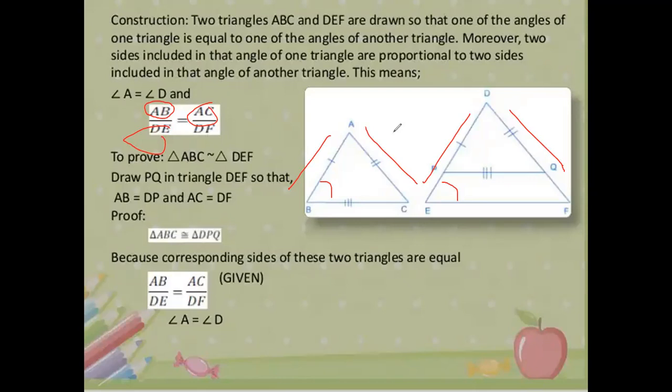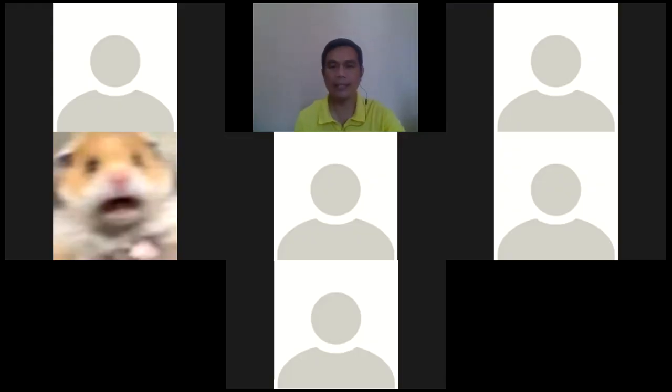So therefore, the side-angle-side test would prove that the two triangles are similar to each other. Okay, so that is the side-angle-side test in order to prove that the two triangles are similar.